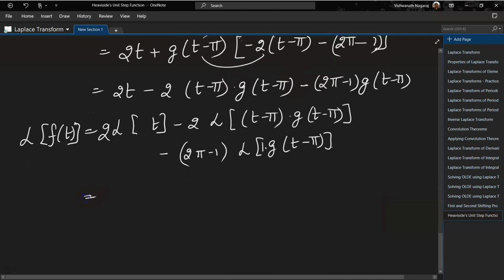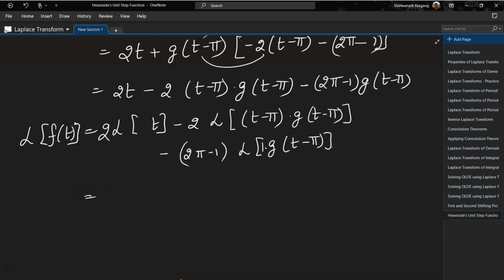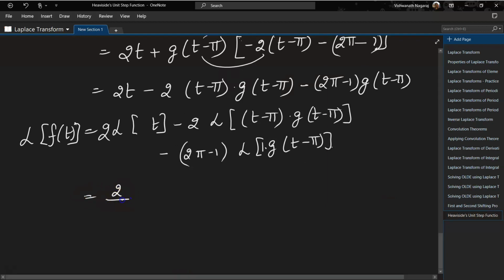So what is the Laplace of t? That is nothing but 1/s². Minus 2 times Laplace of (t − π) g(t − π). That's the second shifting property.